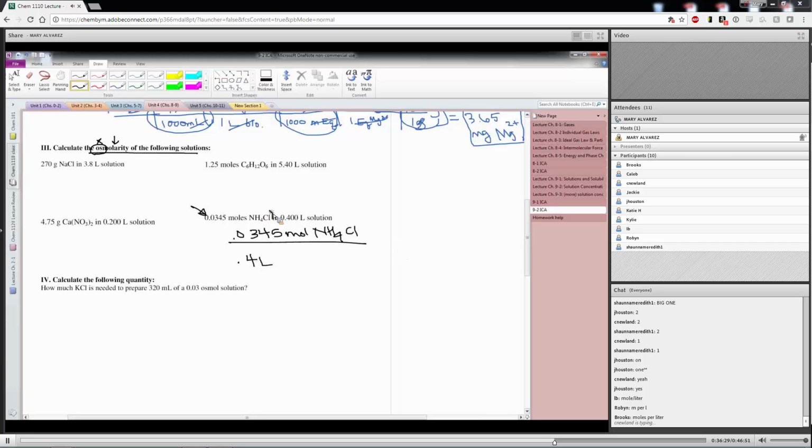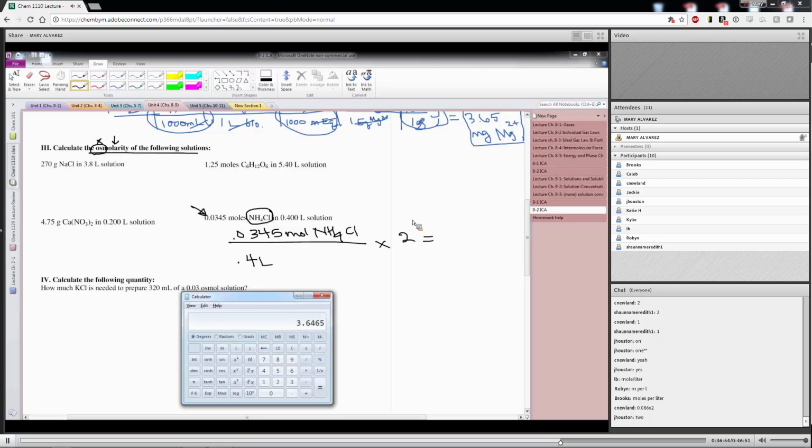Is this ionic or covalent? How many things are going to be in that solution? Two. That's ammonium chloride, ionic compound between the ammonium ion and the chloride ion. So we're going to multiply that by 2 to get osmolarity. So 0.0345 divided by 0.4 times 2.